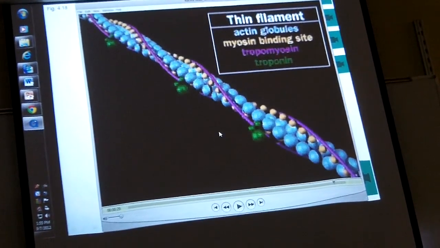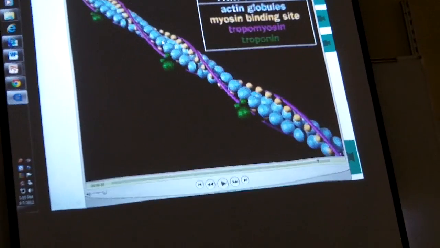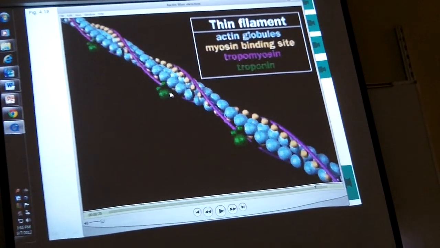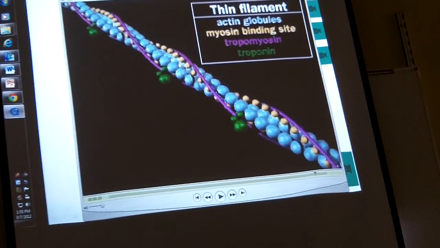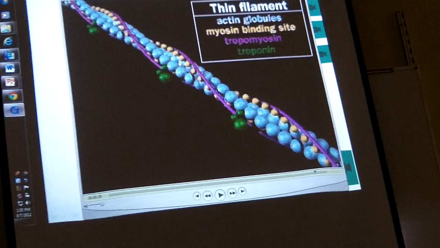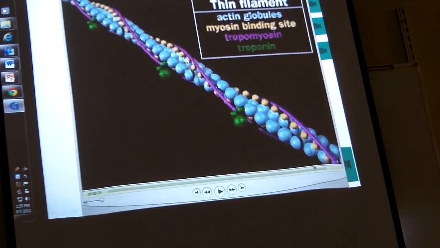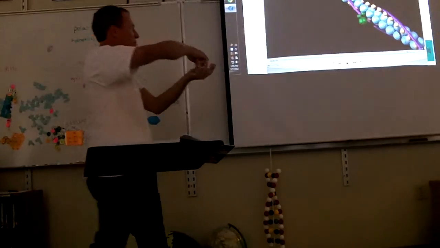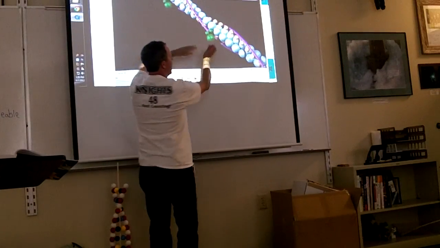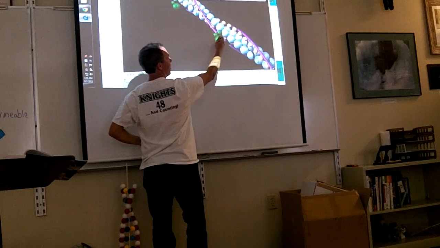Now, you don't need to worry about all those words, but you see each little circle there, each little green circle or blue circle or tan circle, each one of those is a protein. Y'all know what a protein is? A chain of amino acids all folded up. Here's a chain of amino acids all folded up. That's that one green thing. Does it really make a circle?